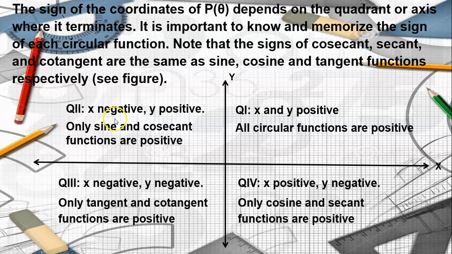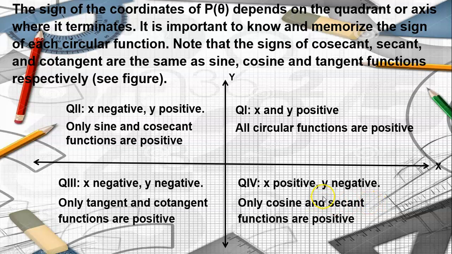In quadrant 2, our x is negative, y is positive, so only the sine and cosecant functions are positive. In quadrant 3, x is negative and y is negative, so only the tangent and cotangent functions are positive. And then in quadrant 4, our x is positive, our y is negative, so only the cosine and secant functions are positive.